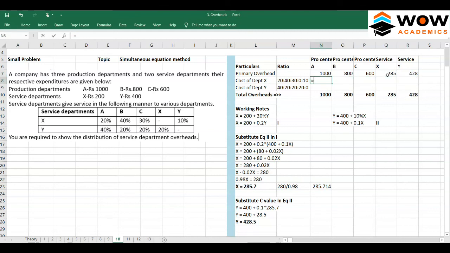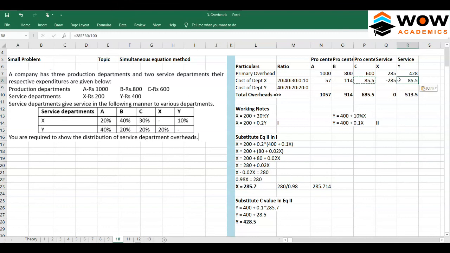So it is 285 into 20 divided by 100. Again it's going to be 40, 30 minus 285.